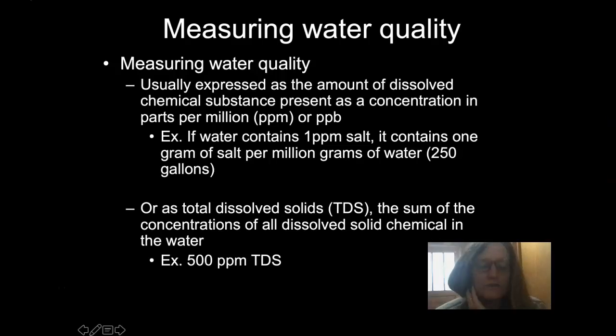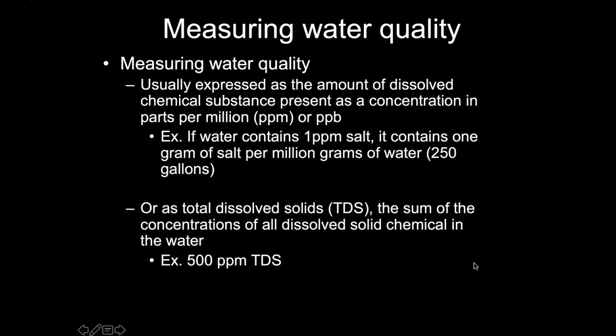Think about measuring water quality. I've already talked about the term TDS, that's total dissolved solids, but let's go back and look at individual pollutants, which we can talk about in terms of ppm. If there's a chemical substance in a water supply, we may say it is ppm, parts per million, or ppb, parts per billion.